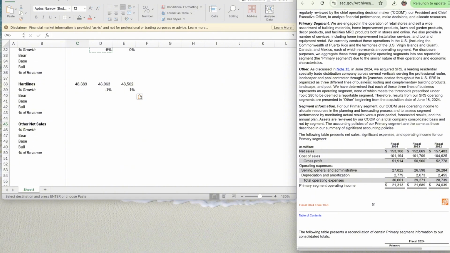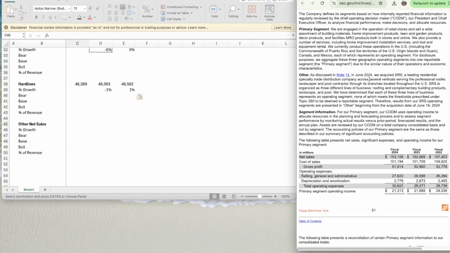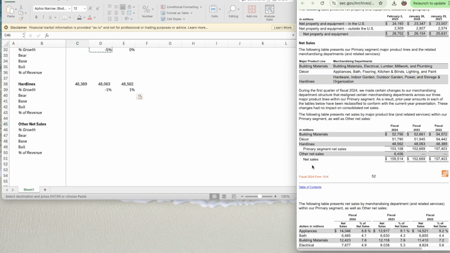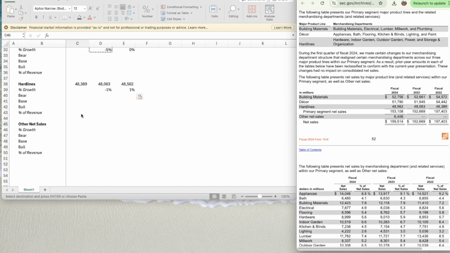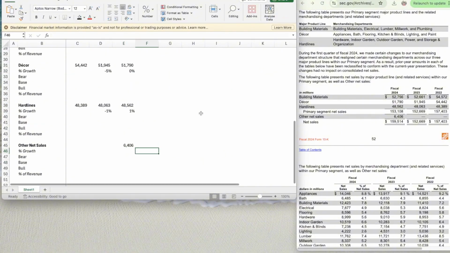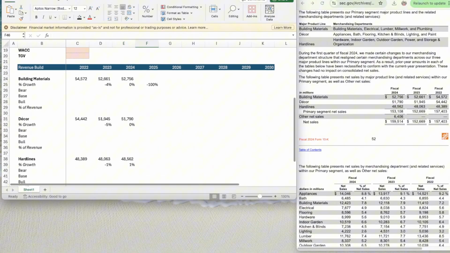So these other net sales are from an acquisition, which eventually will all get incorporated into this, but for now, yeah, okay. All we need to see is $6,406. Okay, let's move on to 2025.